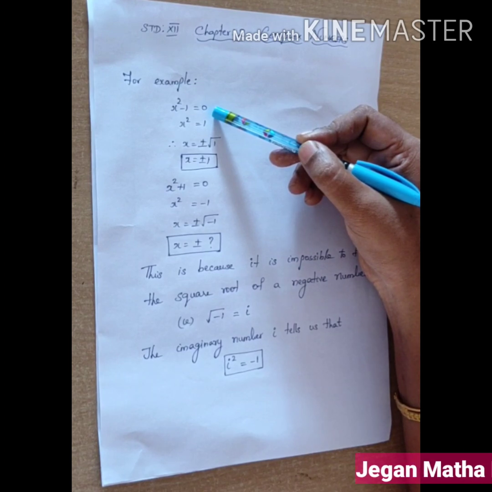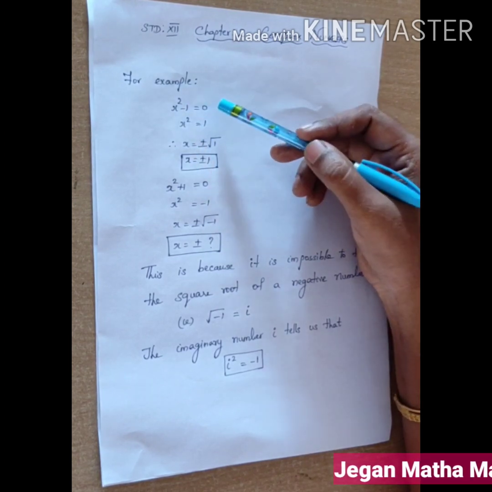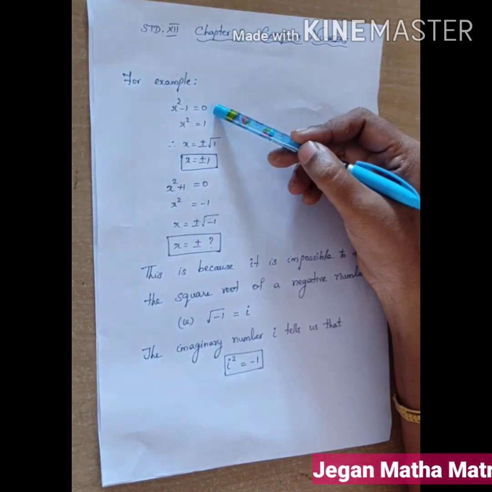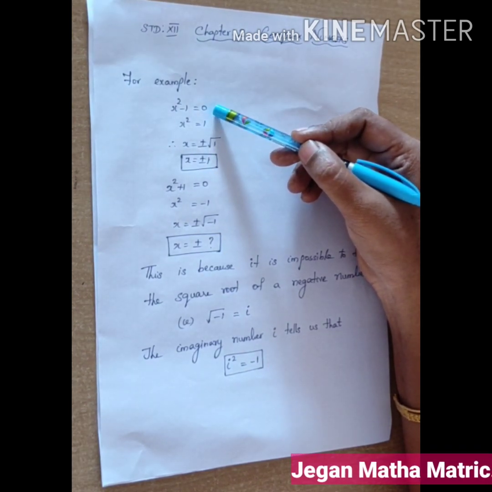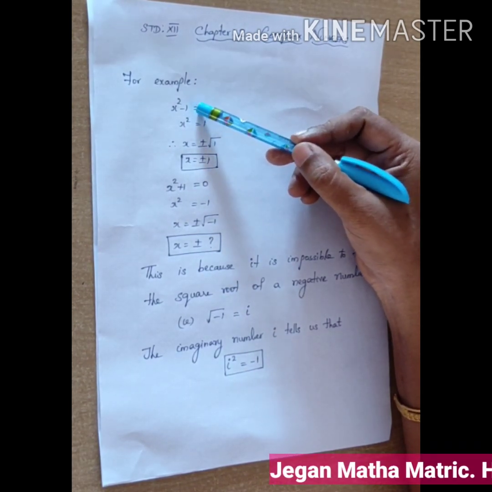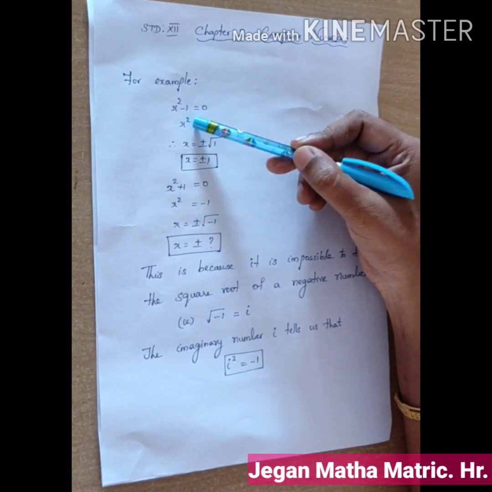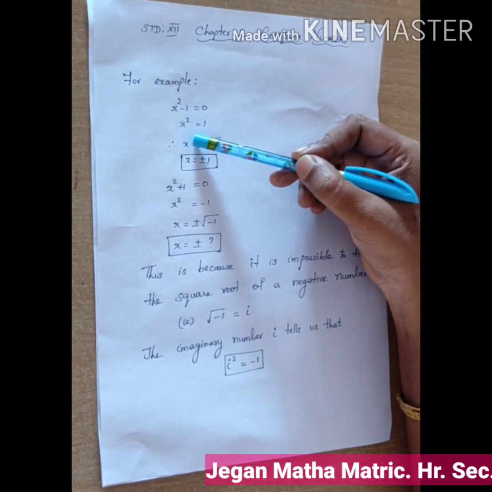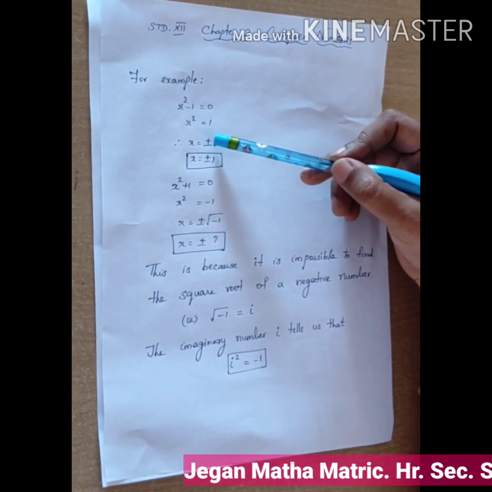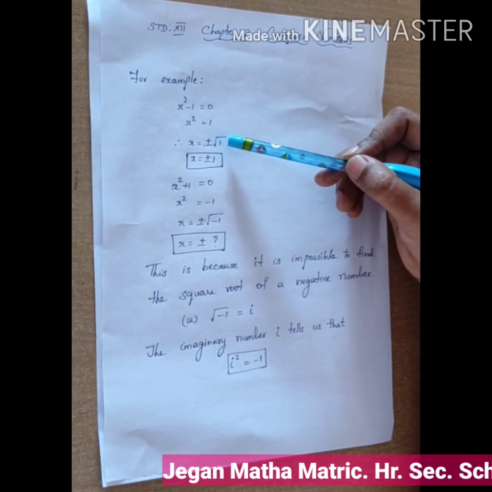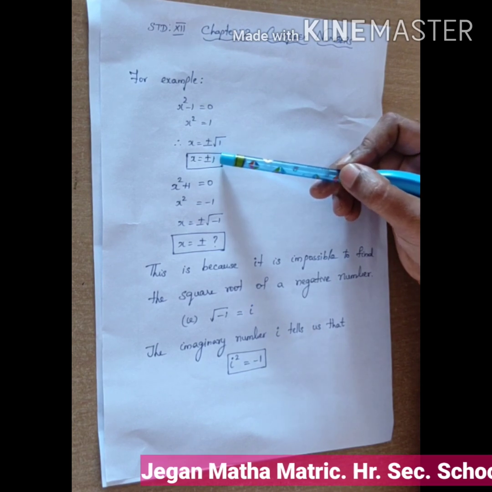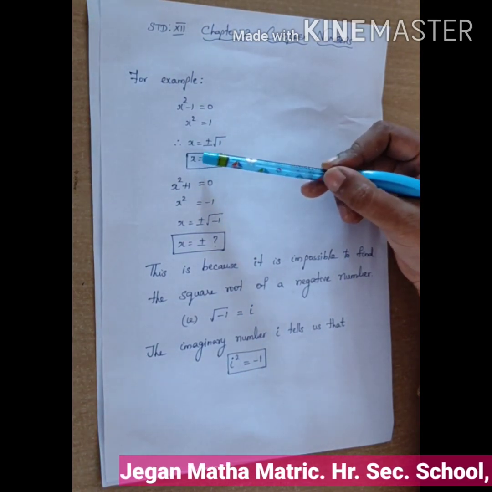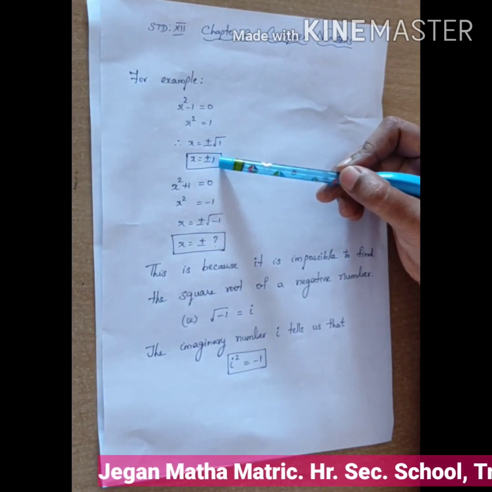First equation is x square minus 1 equal to 0. This we have studied already. From this equation you can write x square equal to 1. So x is equal to what? x is equal to plus or minus square root of 1. So we are getting the answer as x is equal to plus or minus 1.